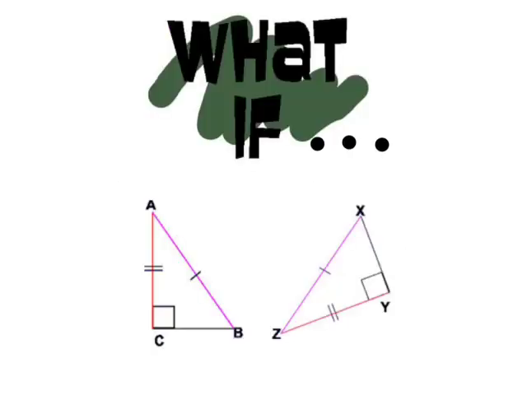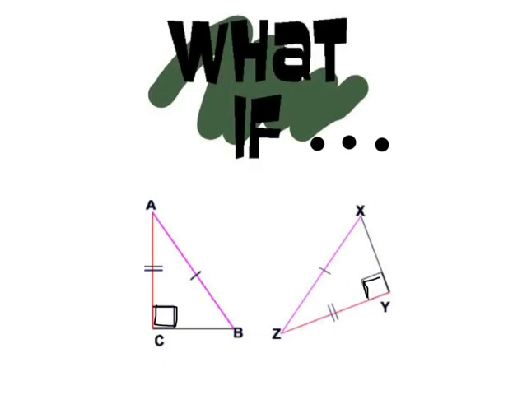Now, what if the triangles don't look exactly the same? Here you can see that these triangles are already marked up. The only difference is that the position of the triangles are different. So that's why marking up the triangles is very beneficial. You can see that they both have this 90-degree angle, right?